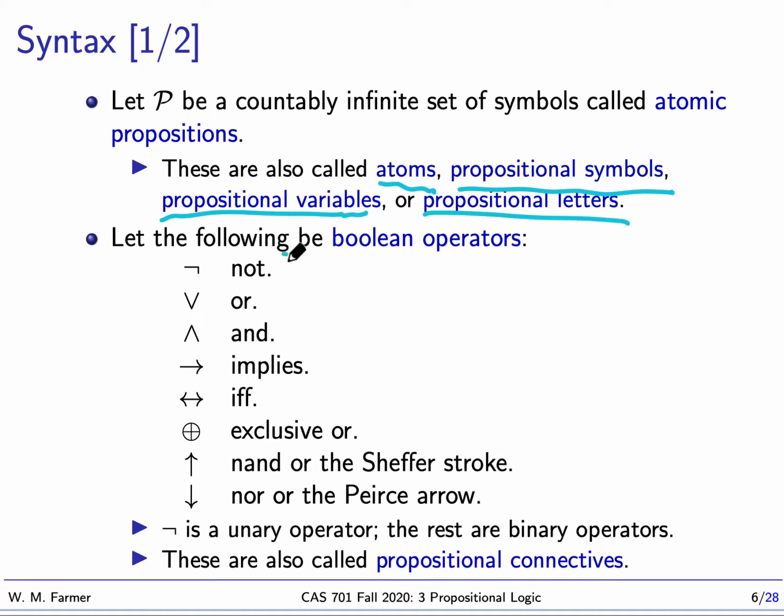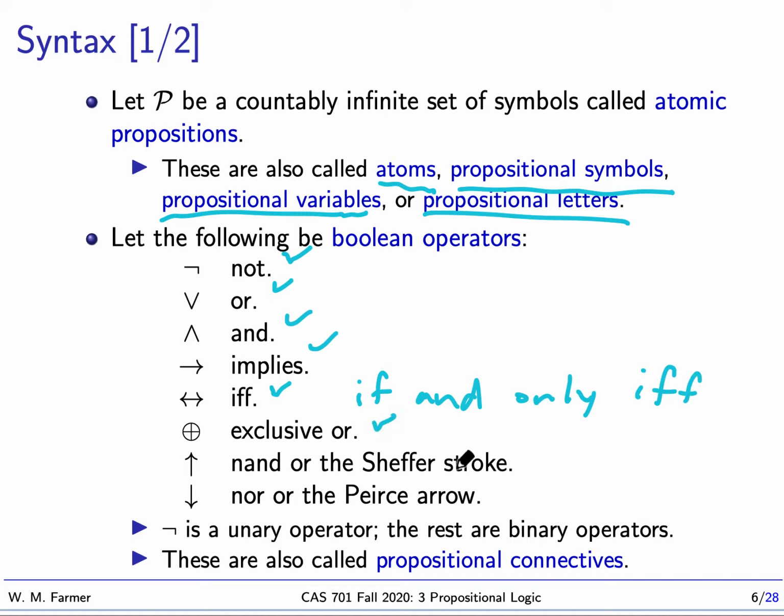We're going to have not, or, and, implies, if and only if, which stands for if and only if, but it's very often written as IFF, exclusive or, NAND, which stands for not and, which is also called the Sheffer stroke, and NOR, which stands for not or. It's also called the Pierce arrow, so we have these two.